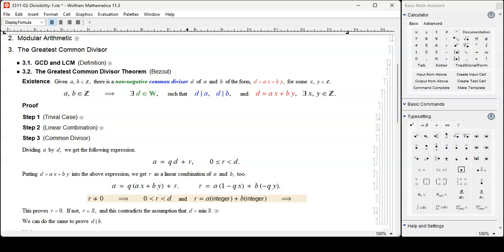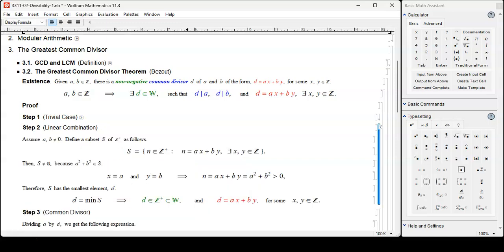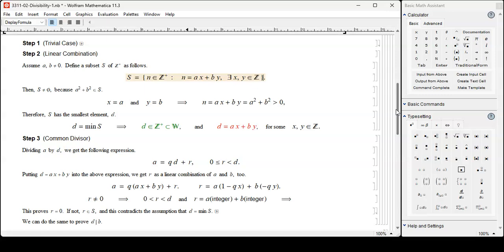So what conclusion can I draw? R is greater than 0 in particular, and it is a linear combination of A and B. Wait a minute, that means it's a member of the set S, right? So R belongs to S, greater than 0.